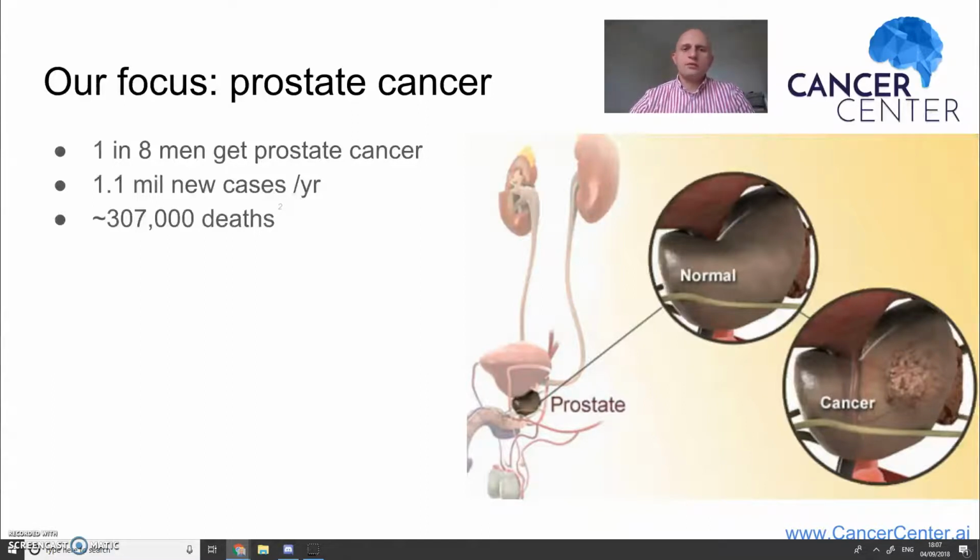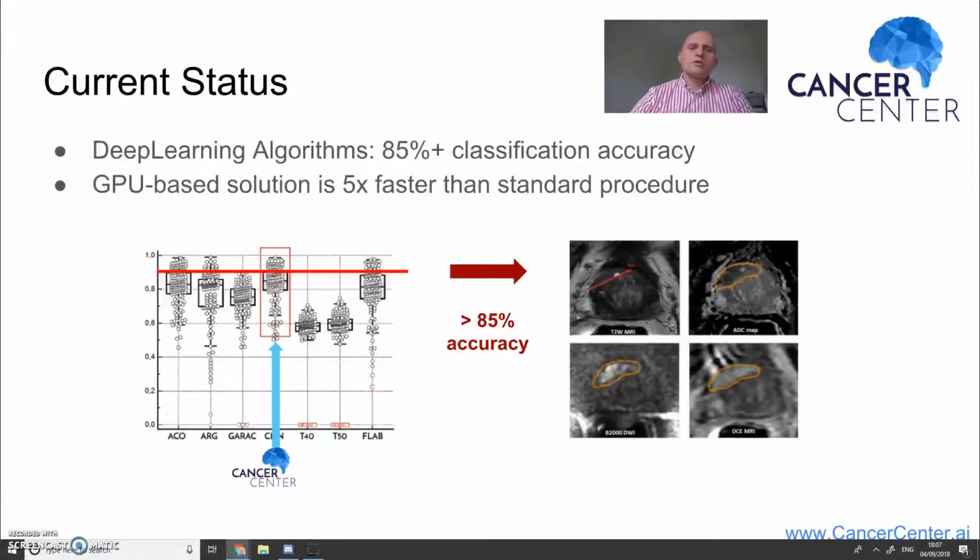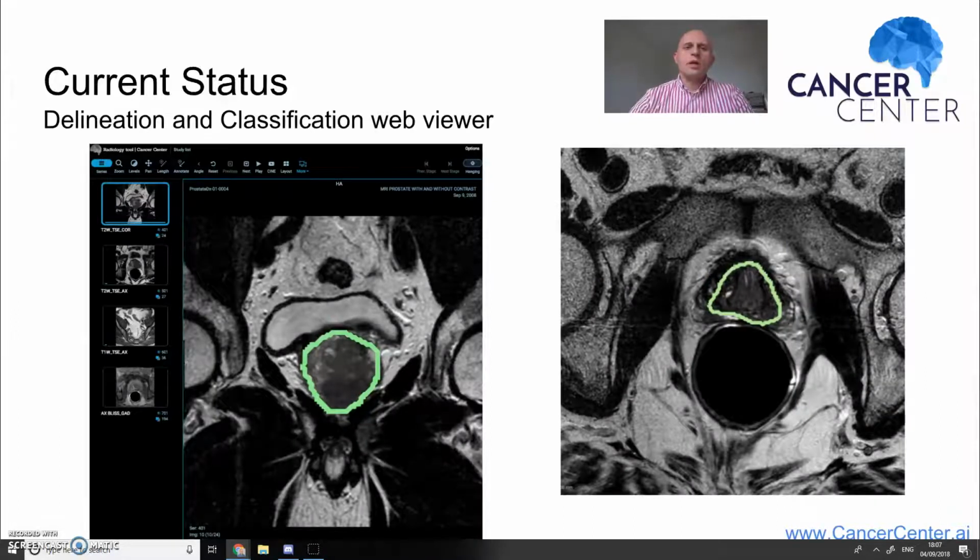It is the most underserved type of cancer among our competitors. Our current solution is already more accurate and faster than the manual process. We have a working radiology web viewer plugin which automatically detects which area is affected by cancer and highlights that area so that the surgeon knows which tissue to remove.